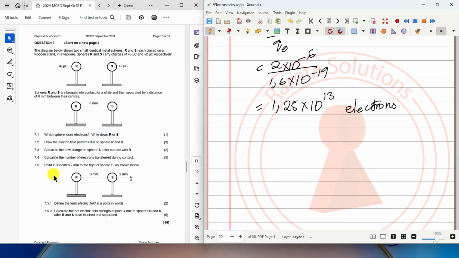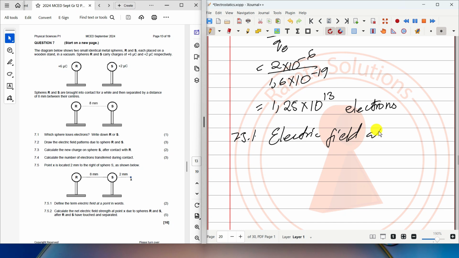7.5, point X is located 2 millimeters. Did you hear that? Point X is located 2 millimeters to the right of sphere S as shown below. Define the term electric field at a point. So 7.5.1, electric field, let me write it.